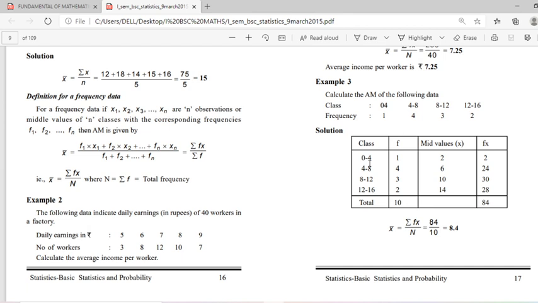What is the middle value? 2. The middle value for 4 to 8 is 6. 8 to 12 is 10. 12 to 16 is 14. So we can compute the fx value, that is 2, 24, 30, 28. The total value is taken, that is 84. 84 by capital N, that is 10, equals 8.4.